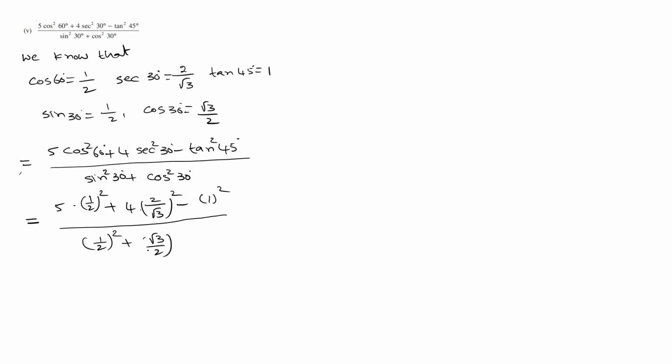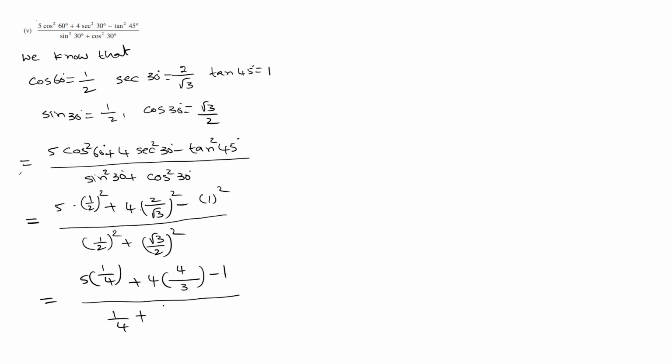So root 3 by 2 whole square, which is equal to 5 into (1 by 2) whole square, which is 1 by 4, plus 4 into (2 by root 3) whole square. 2 square will be 4 divided by (root 3) whole square, which is 3, minus 1, whole divided by (1 by 2) whole square, which is 1 by 4, plus (root 3 by 2) whole square.